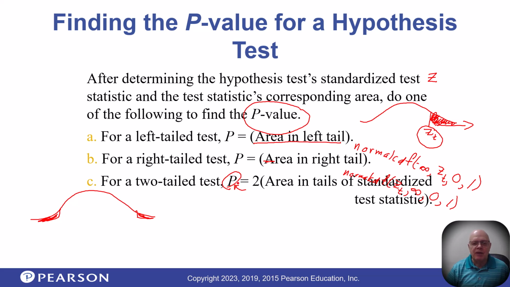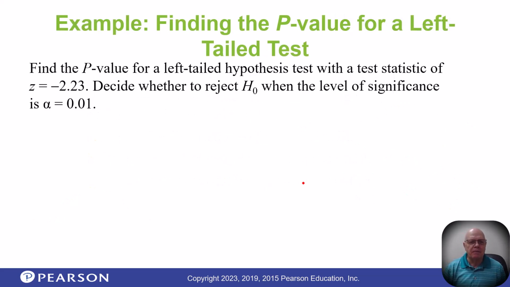To get this p-value, you're going to double the area you find in that tail with the standardized test statistic. We'll do some examples, so don't worry about it.